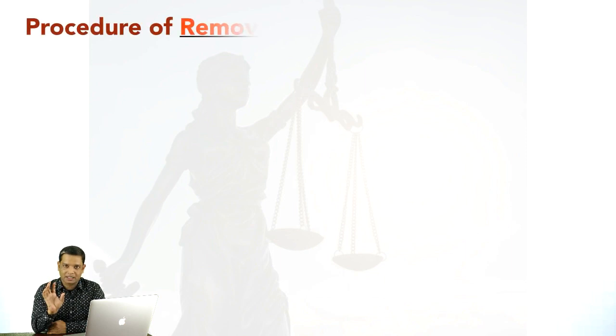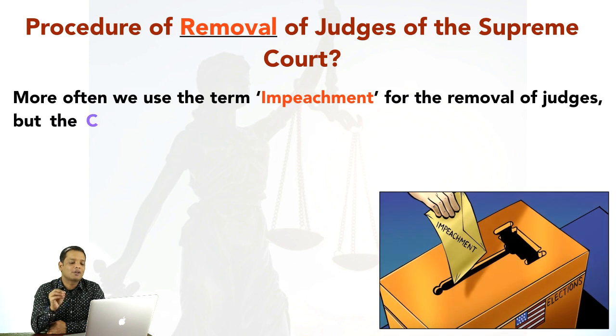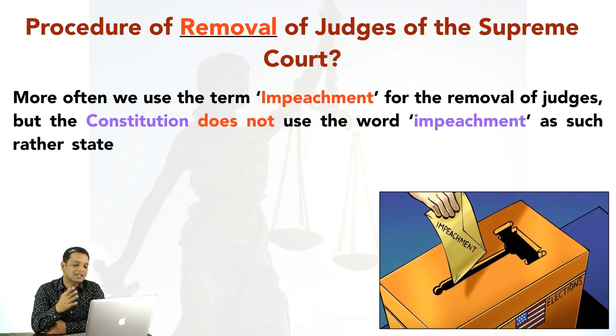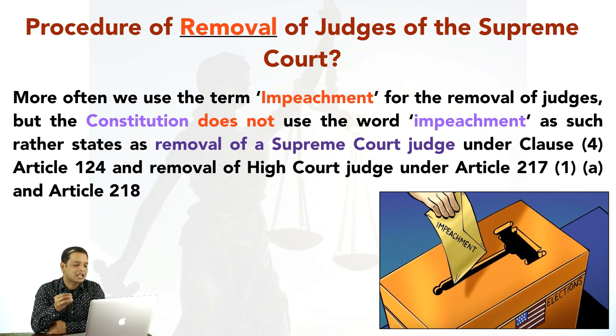At this point in time, I would like you to pay attention while defining the term impeachment. More often we use the term impeachment for the removal of judges, but the Constitution doesn't use the word impeachment as such. Rather it states removal of a Supreme Court judge under clause 4 of Article 124, and removal of a High Court judge under Article 217 clause 1(b) and Article 218.